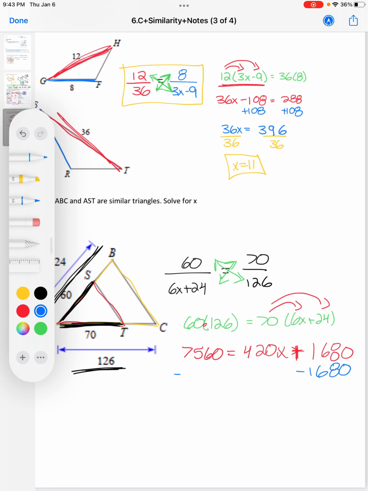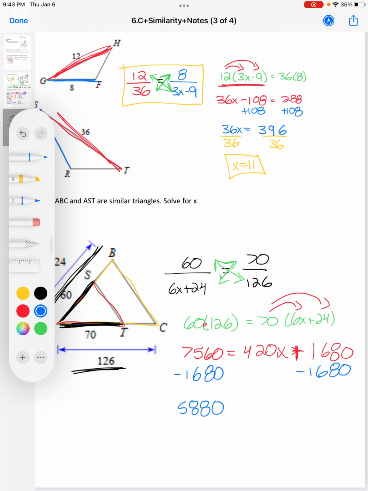So minus that 1,680 from both sides. So we got 7,560 minus 1,680 gives us 5,880.